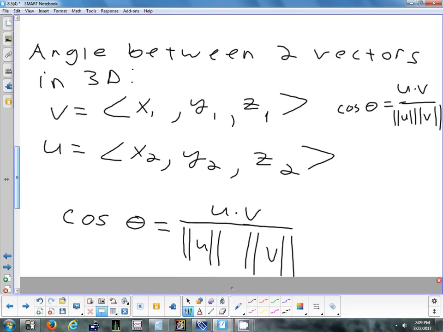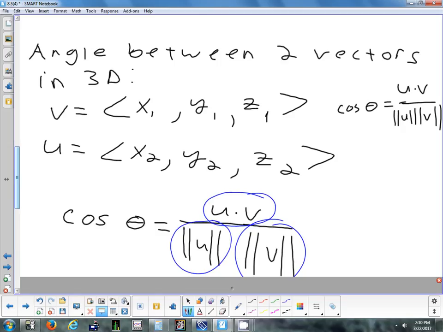Well, in 3D, it's the same formula. The only difference is that's a 3D dot product, which I just taught you how to do, a 3D magnitude, which we just did on the other page, and a 3D magnitude. Each individual thing is now 3D, but it doesn't change the formula at all.